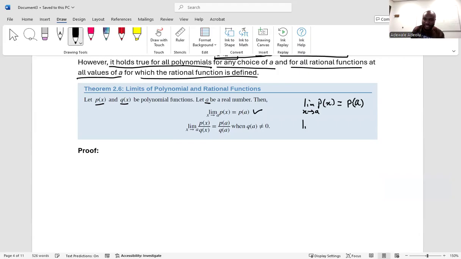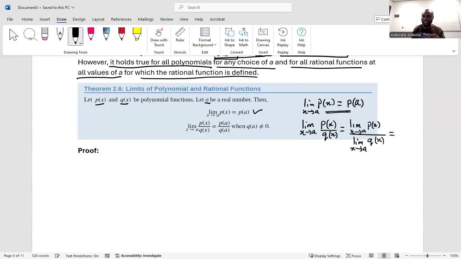Also, if we are taking the limit of, say, a polynomial function divided by another polynomial function, so now we have a rational function as x goes to a, then remember that from the quotient law for limits, I can write it as limit as x goes to a of P of x divided by limit as x goes to a of Q of x.